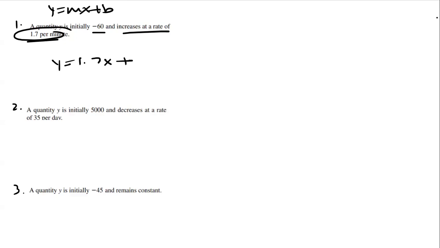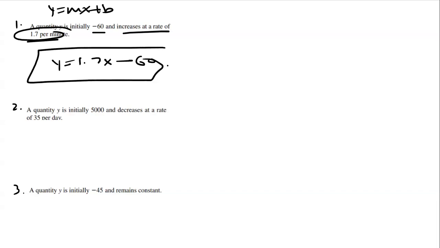And then what's our b? Exactly, negative 60. So it'll be negative 60 for b. There we go. That's our starting point. So there's the answer. That's all they want. That's it.